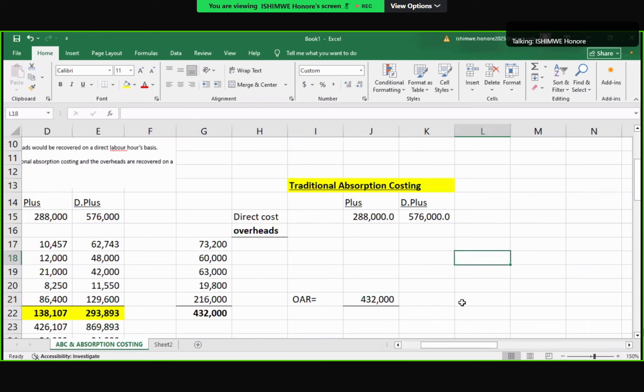Then we divide it by the basis of apportionment, which is direct labor hours. So the direct labor hours for plus and double plus, we know them.